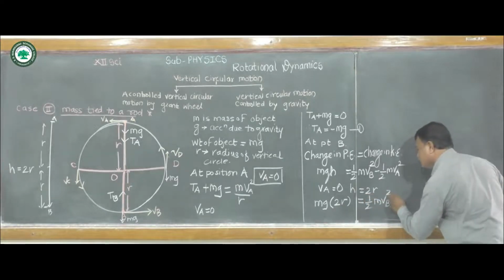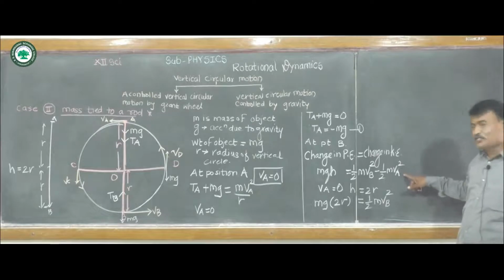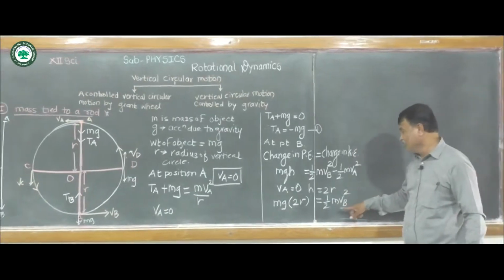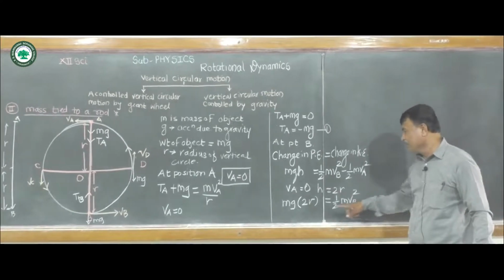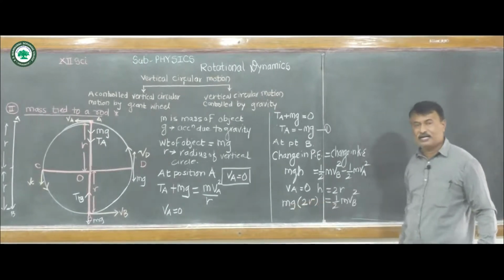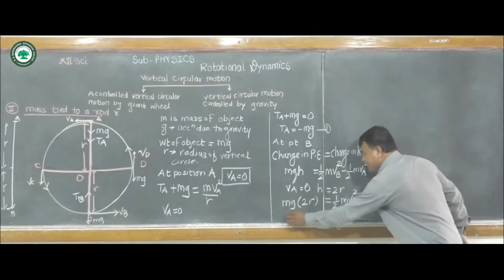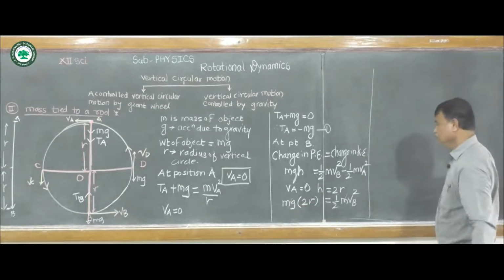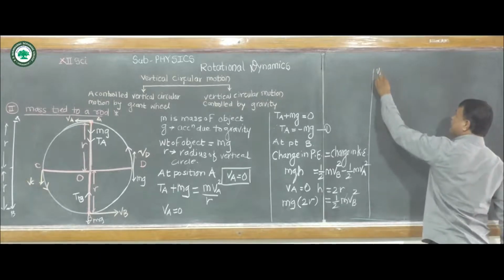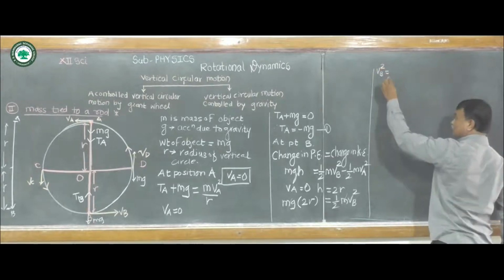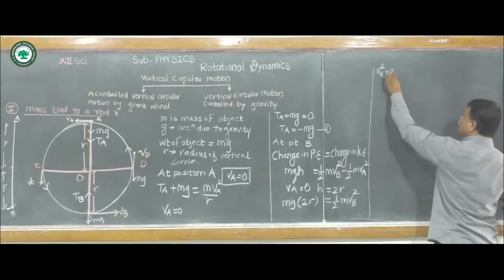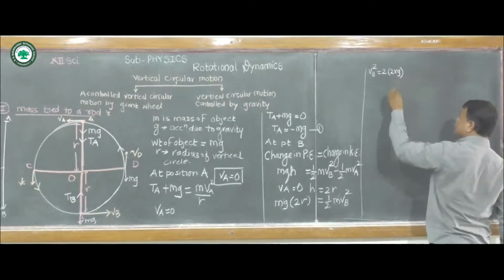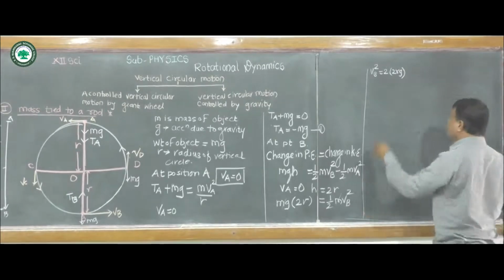mVB square. Now VA square is 0, so this total term becomes 0. So we get only half mVB square is equal to mg into twice r. Now this gets cancelled and we get VB square is equal to 2 into 2rg, and 2 into 2rg means 4rg.